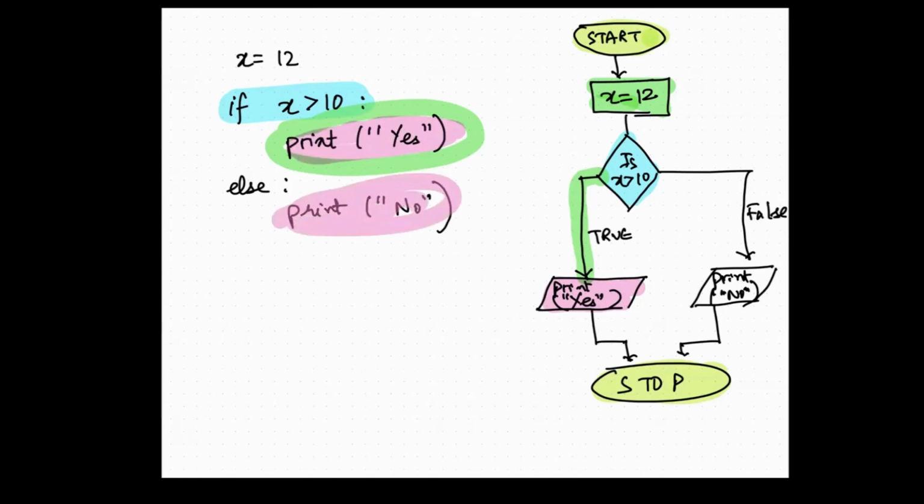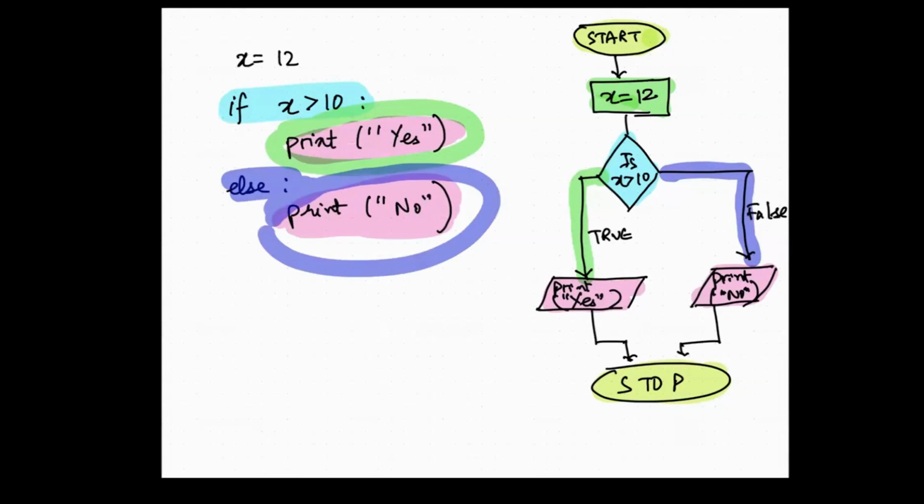Similarly print no. And if my branch is false, I'll be executing this part, right? And X equal to 10 goes in green, right? So I've now color coded it all for you.